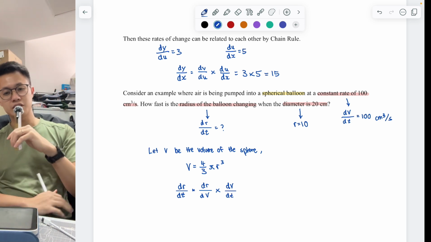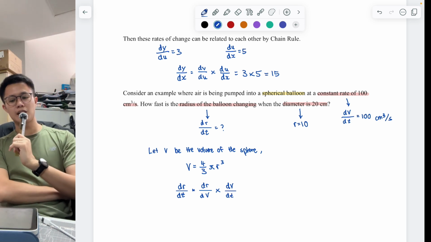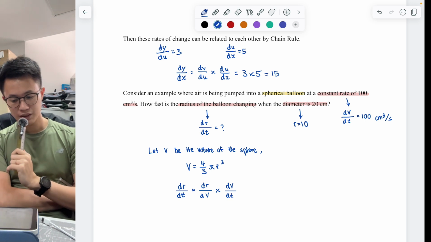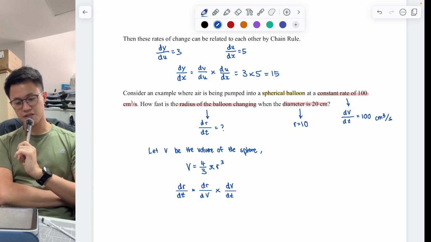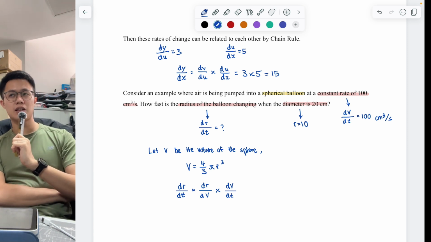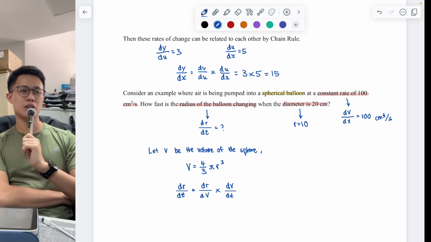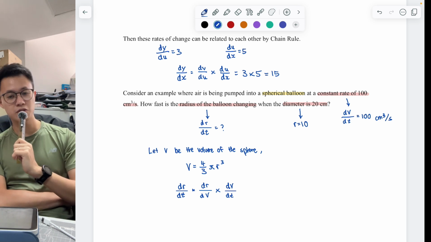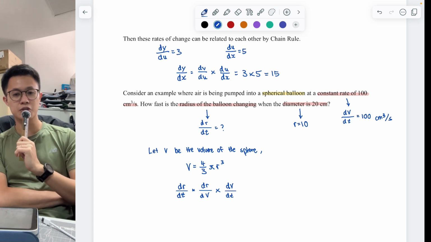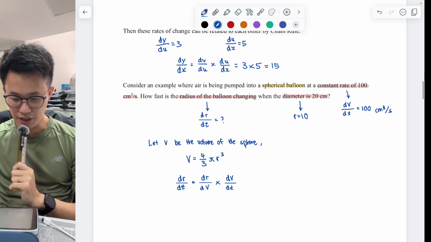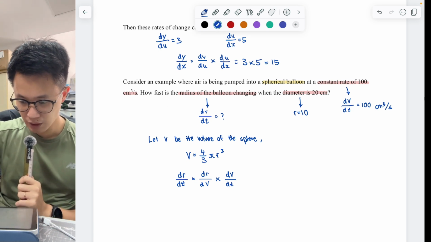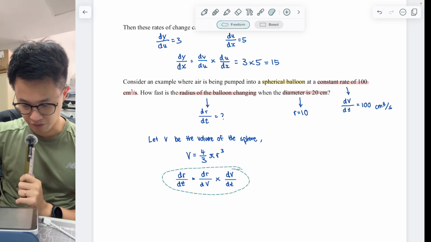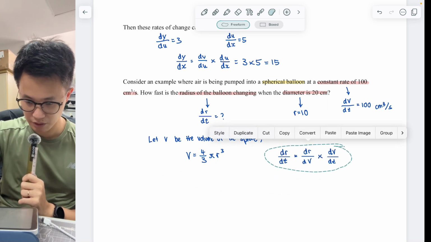I have dV over dt, but the problem is I do not have dr over dV. Does that mean I have to make r my subject and differentiate with respect to V? Not necessarily. Remember, for differentiation, dr over dV is just the reciprocal of dV over dr. So what we can do here is very simple. I'll figure out dV over dr first.